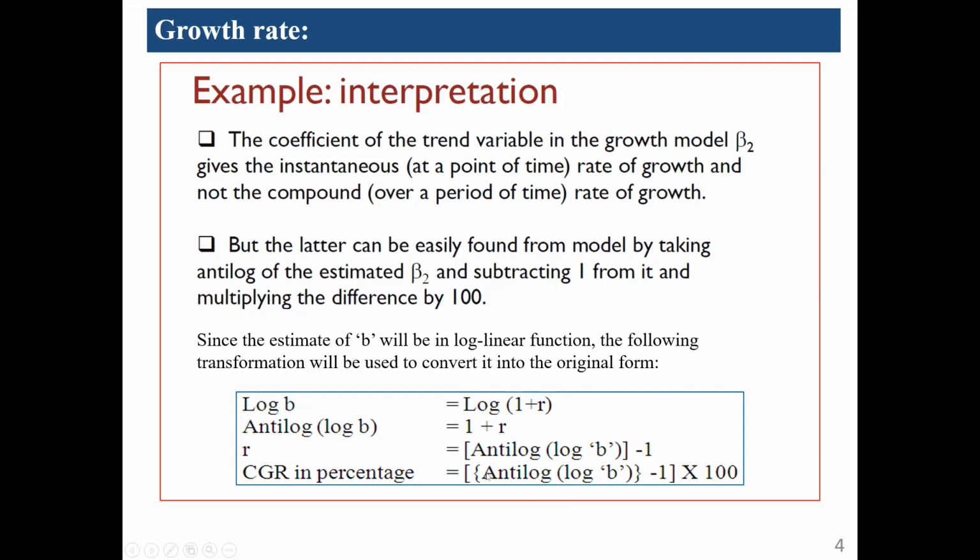Now, how to take this antilog? In the case of ln, natural log, you can obtain the antilog in Excel by simply typing exp. So you go to MS Excel and insert equal to, then exp, then take the slope coefficient beta 2 value. That gives you the antilog.